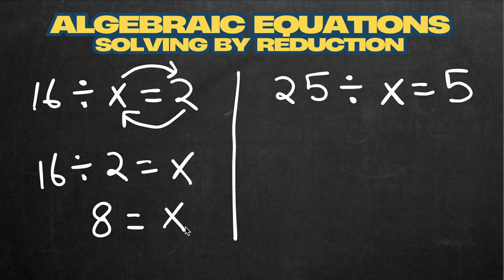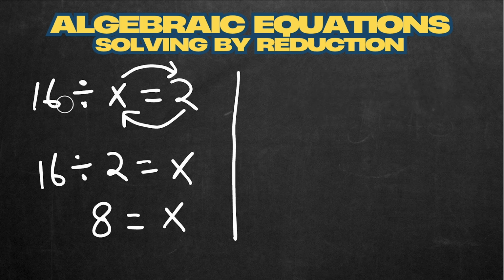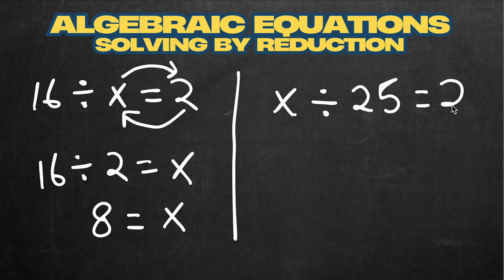That's your answer. Oh, I wrote the same thing over, so let's fix it together. Let's make it x divided by, let's say, 25 equals 2. Now it looks complicated, although it's simple. So let's do it together.